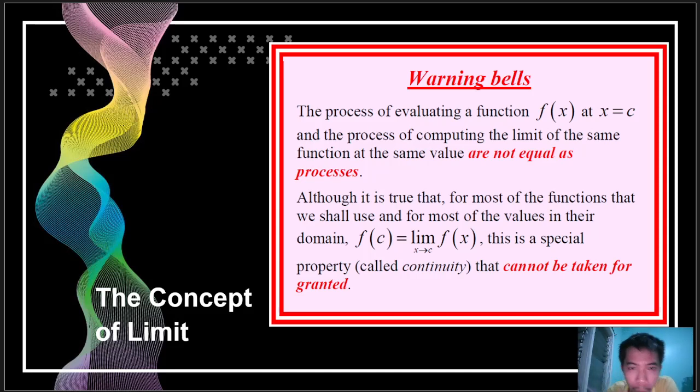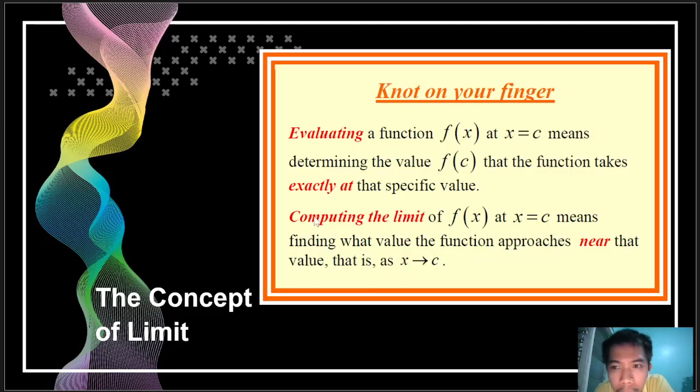To further emphasize these warning bells, you just have to take note. You have to knot this on your finger. Evaluating a function f of x at x is equal to c means determining the value of f of c that the function takes exactly at that specific value.